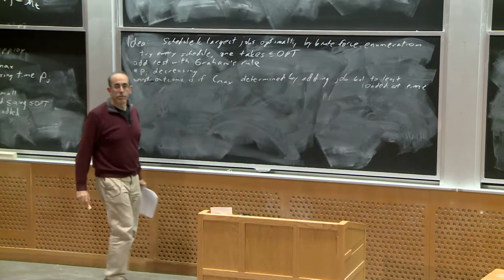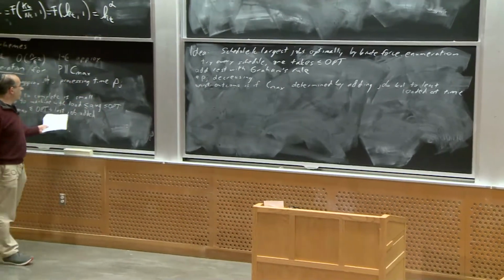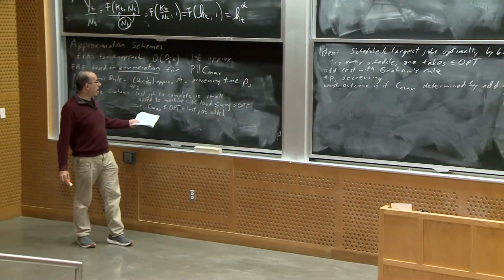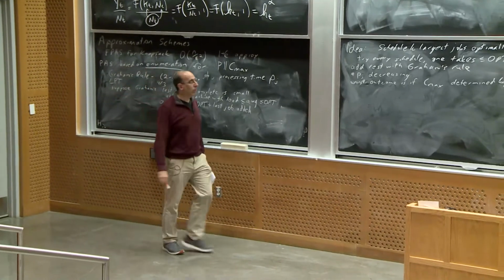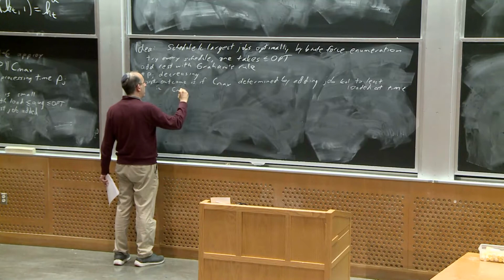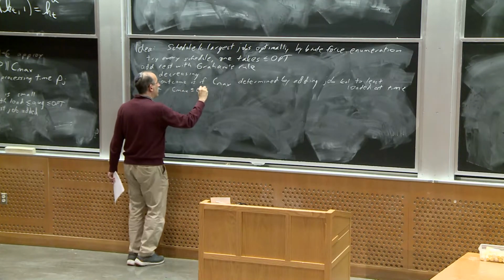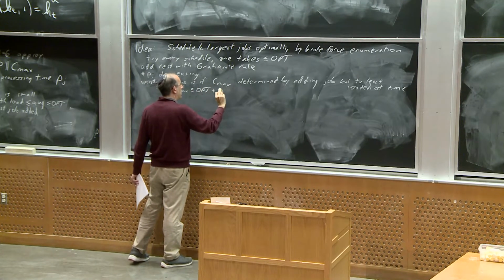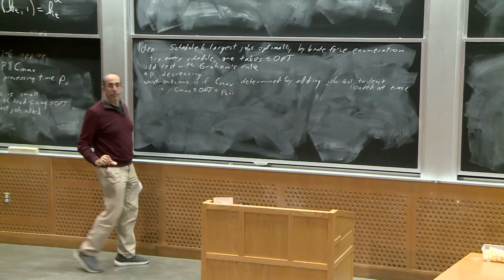Right? Just by what we said over here, that our Cmax is going to be opt plus whatever the last job we add is. So in other words, the Cmax that we get is going to be at most opt plus pk plus 1.